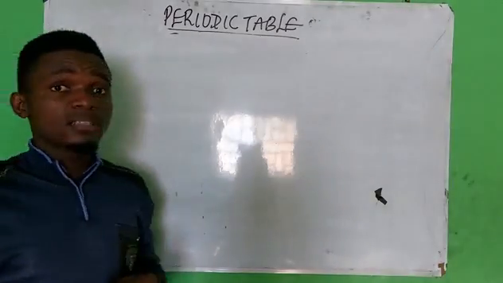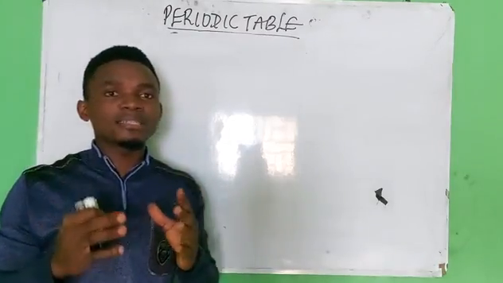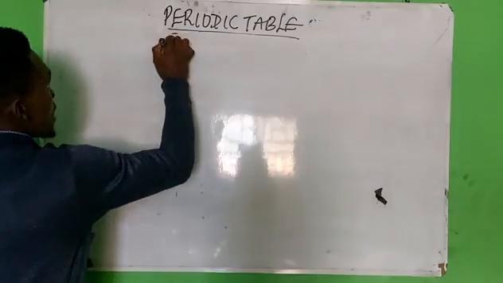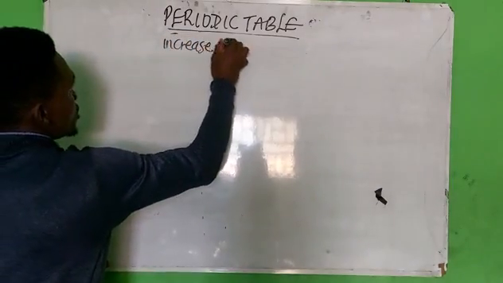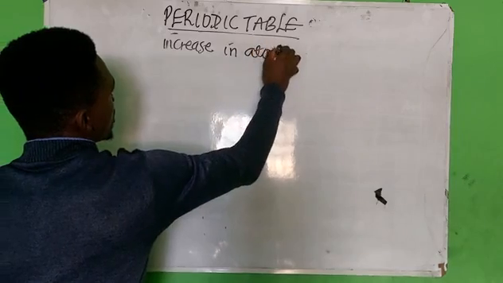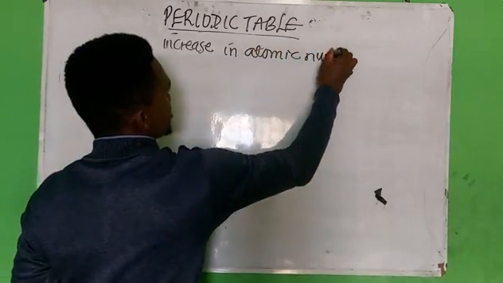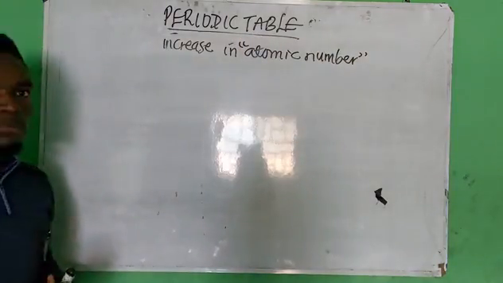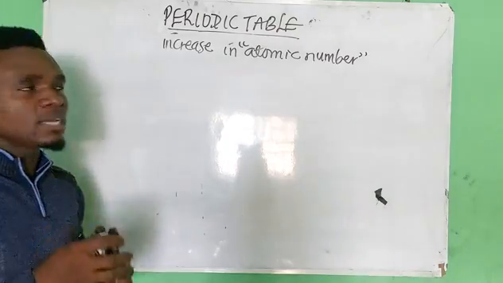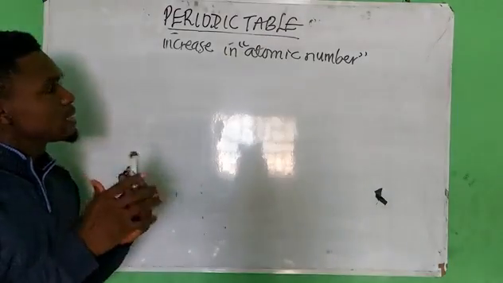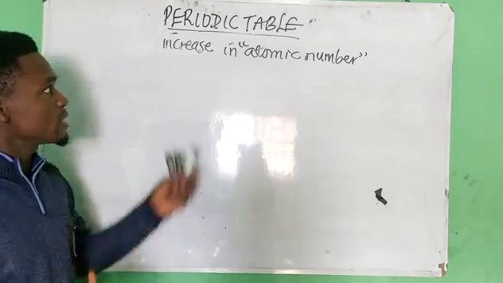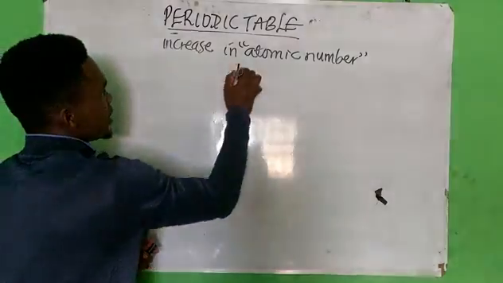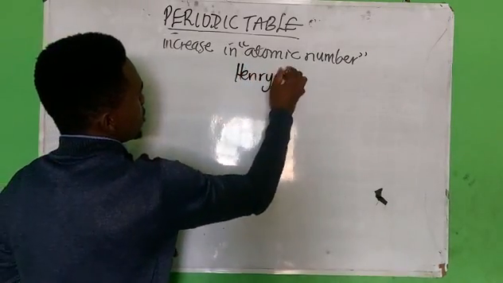The periodic table is a table that contains elements that are arranged systematically based on increase in atomic number. And this was stated by Henry Moseley.